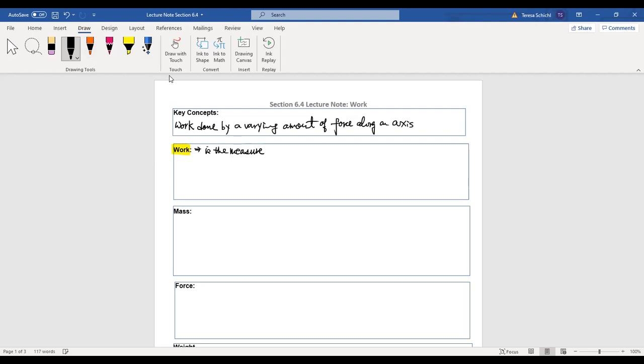Work is the measure of the effort expended by moving an object from one point to another.